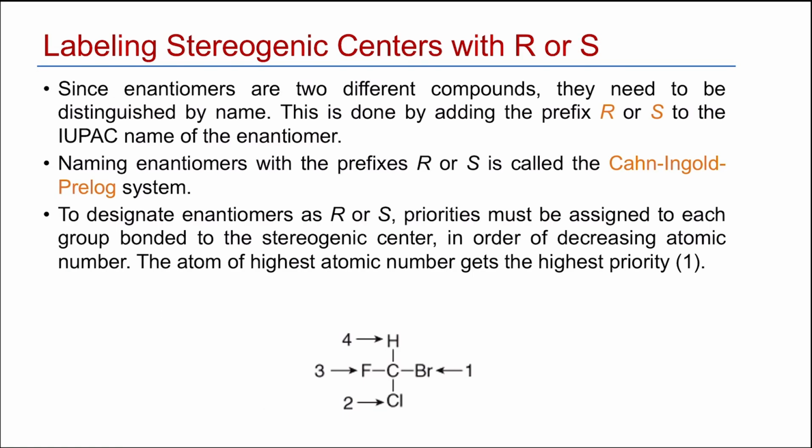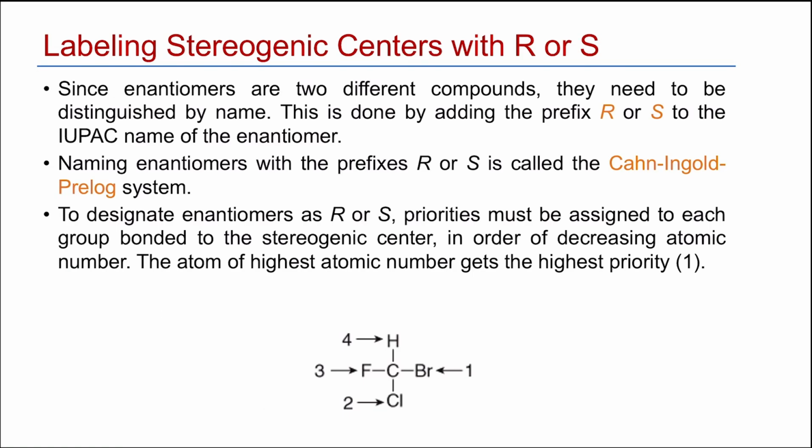So what does R and S mean? How can we assign the R and S configuration of the molecule? We usually give priority to the four different substituents that are attached to our chiral center, and then we arrange them as 1, 2, 3, 4, following the CIP rule.